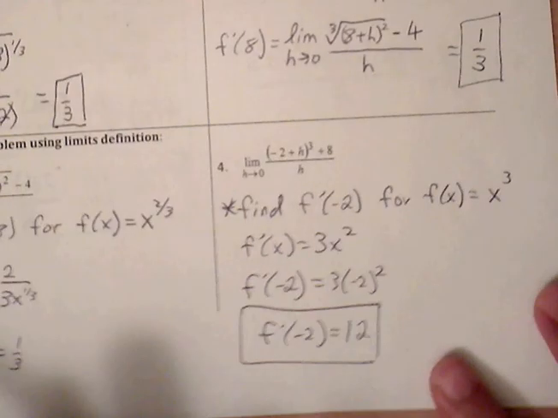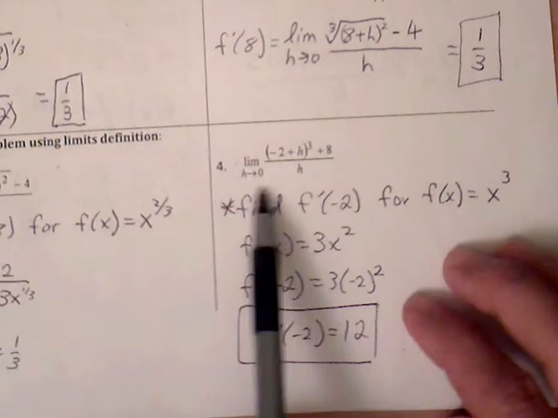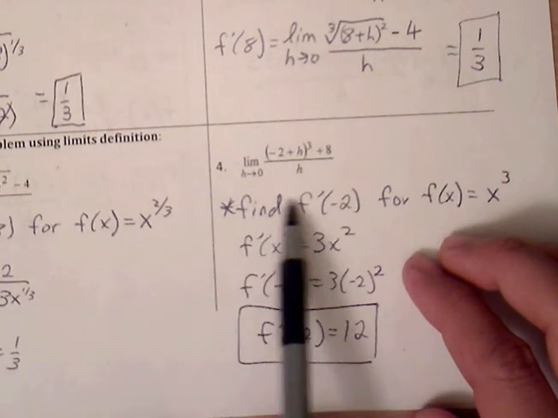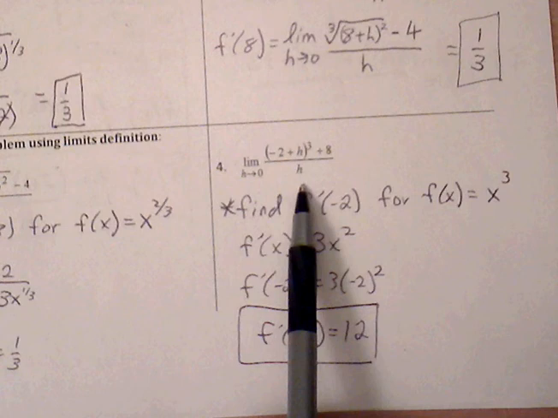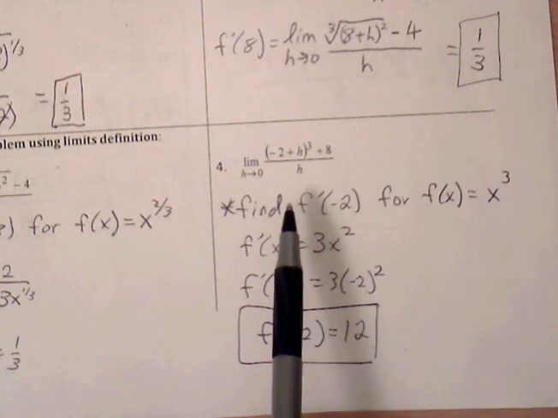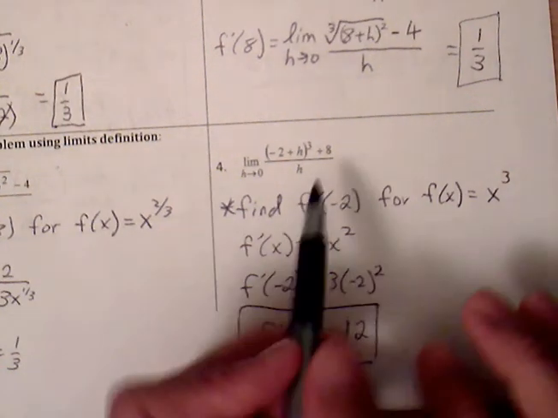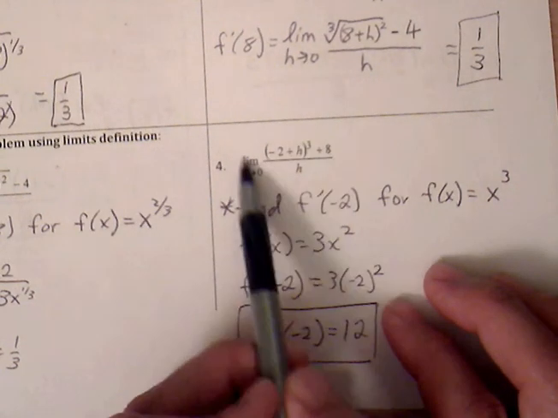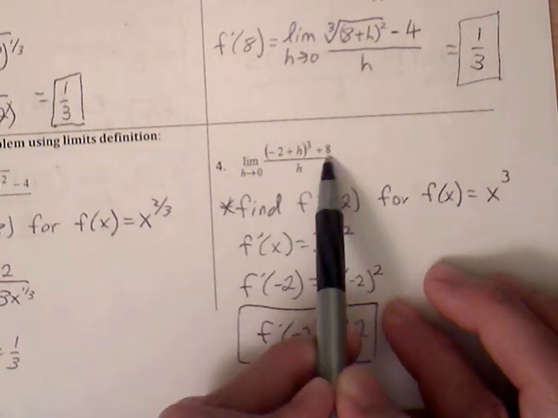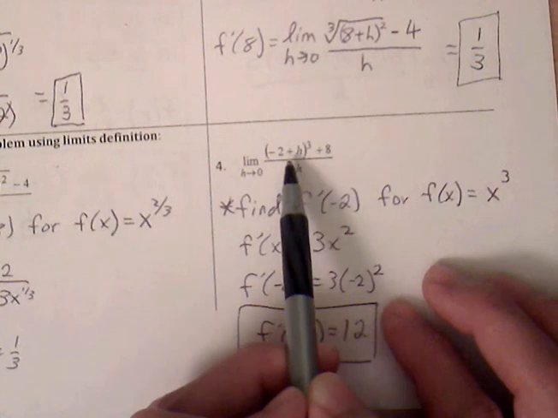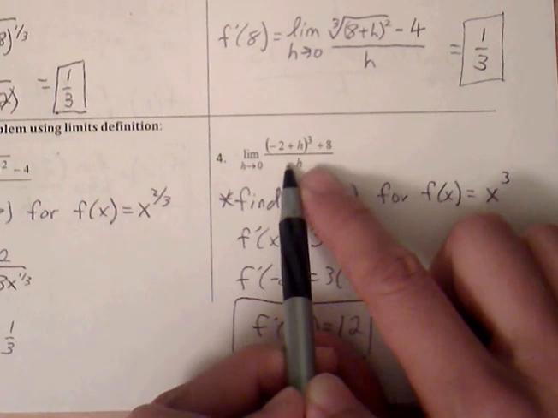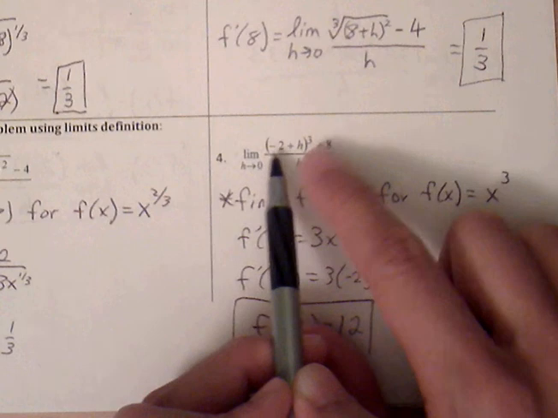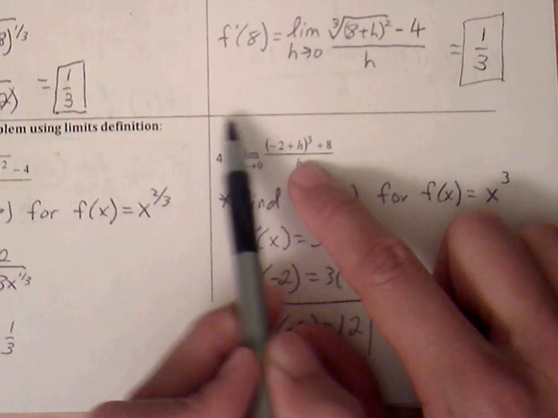Okay, so number 4, if we take that same approach, we know that this is in the limit definition notation, and this is saying find the derivative for a specific function at a point. But let's see if we can identify what that function is. So again, this is coming from some x that's been replaced with x plus h.